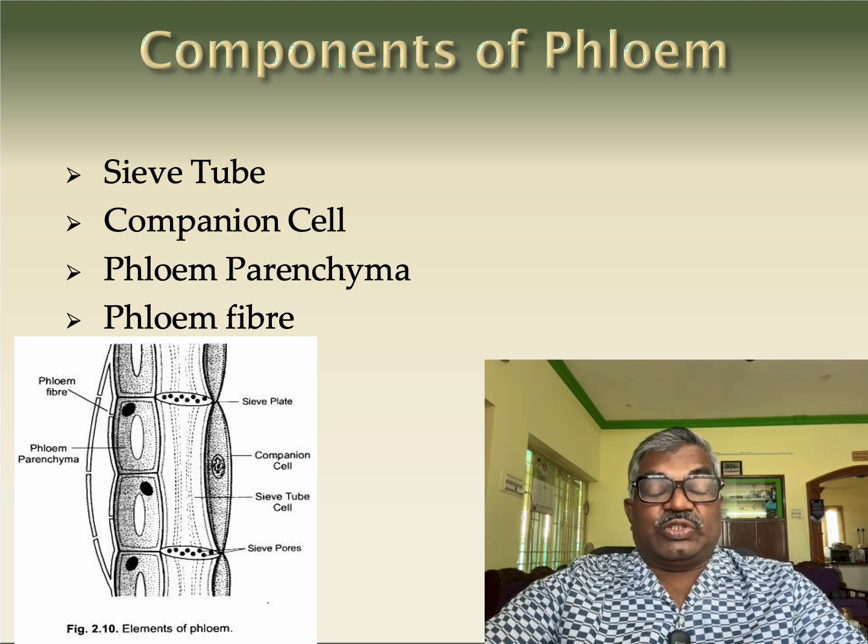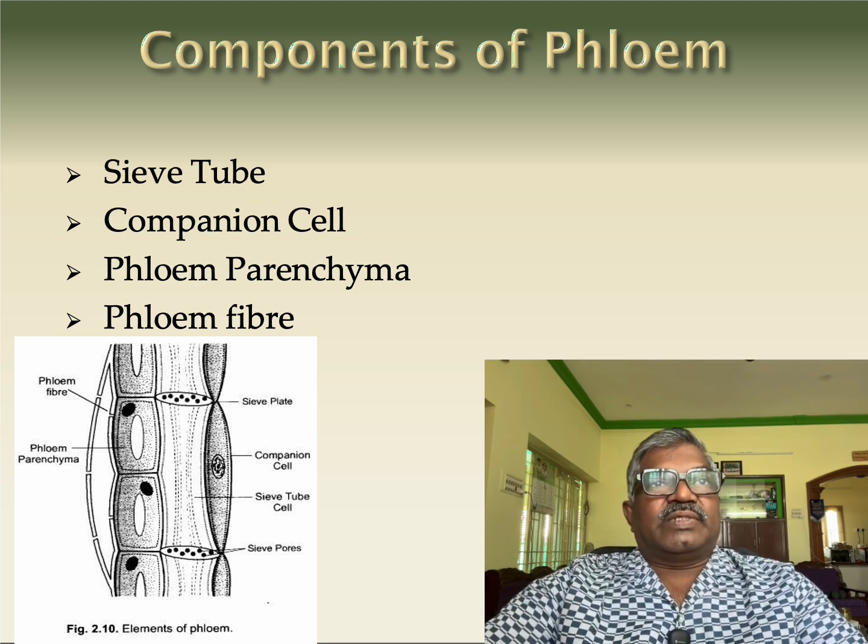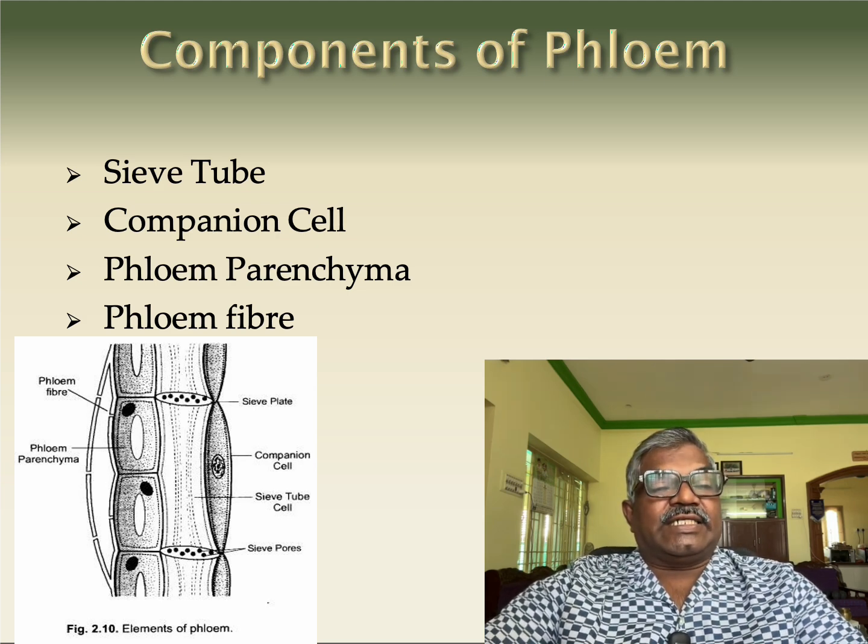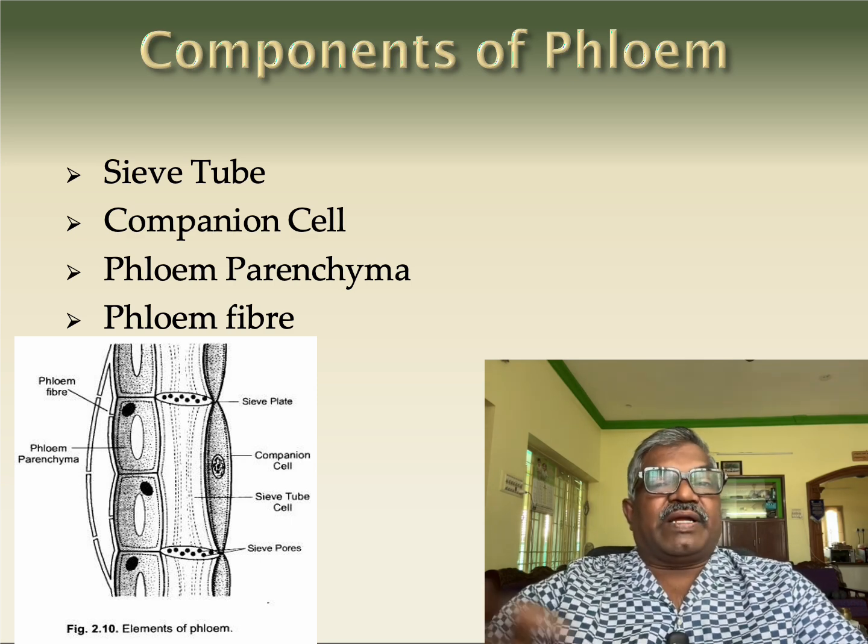Phloem tissue is responsible for conducting prepared food from leaves to all parts of the plant. So the conduction direction is bidirectional, that means it can conduct in any direction, but it conducts only the prepared food.